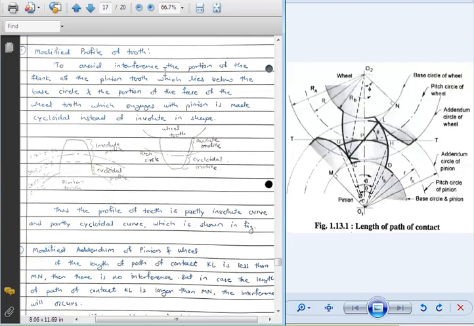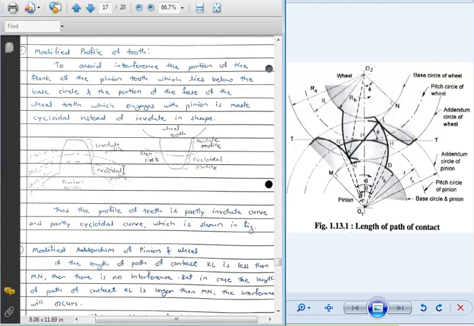To avoid the interference, the portion of the flank of the pinion tooth which lies below the base circle, and the portion of the face of the wheel tooth which engages with the pinion, is made cycloidal instead of involute. Okay, so the shape has been changed.